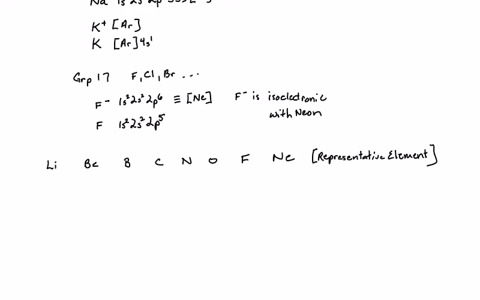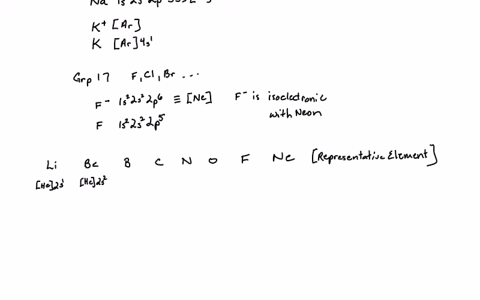So we already said that lithium was going to be a helium core, 2s1. Beryllium is a helium core, 2s2.